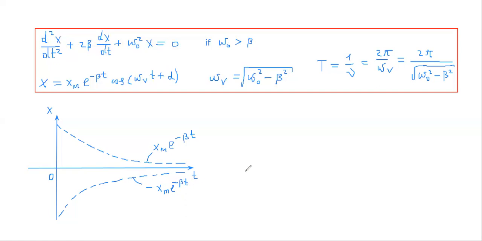And we can draw a graph of damped oscillations. This dependence is shown on this graph.